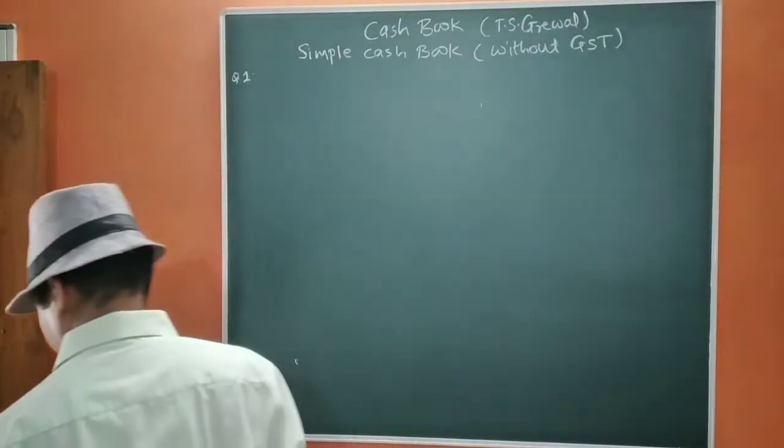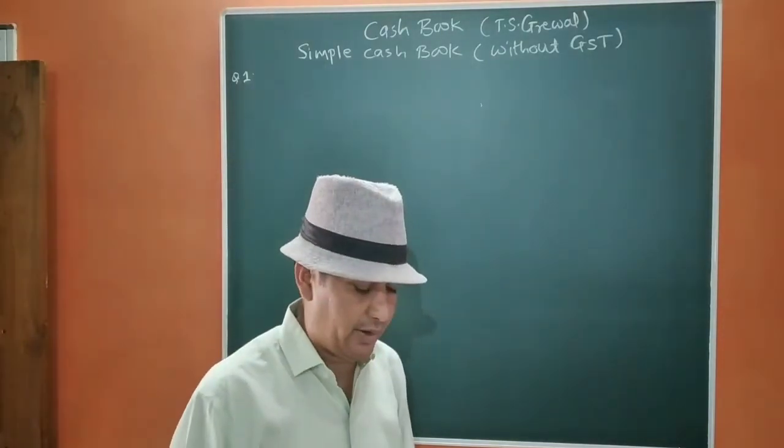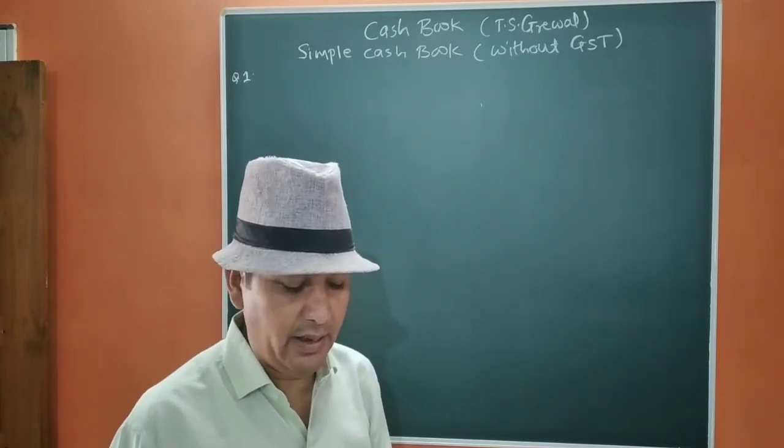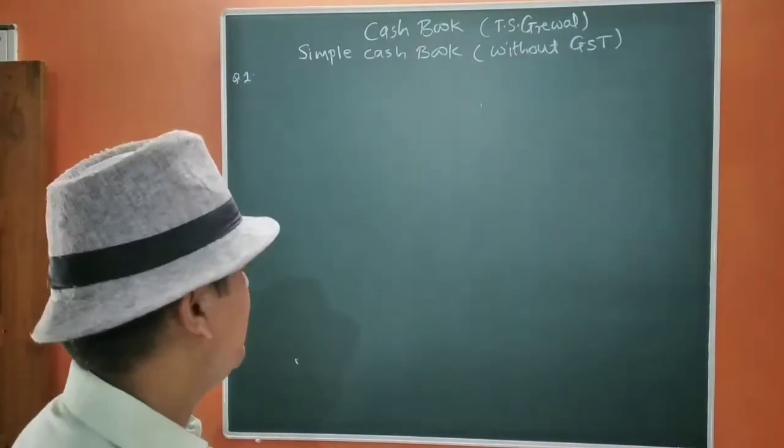Question number 1. It is stated, enter the following transactions in the single column cash book of Ripingar, Delhi, and balance it. Okay, so I am going to start.